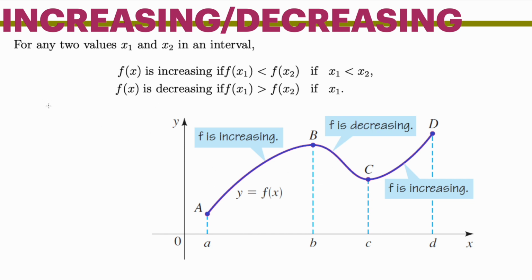So in this case, we say that the function is increasing from a to b. We would say that the function is increasing from a to b and from c to d. And then we would say that the function is decreasing from b to c.